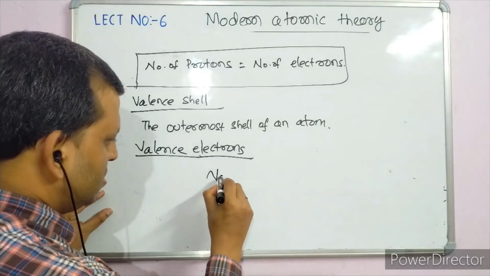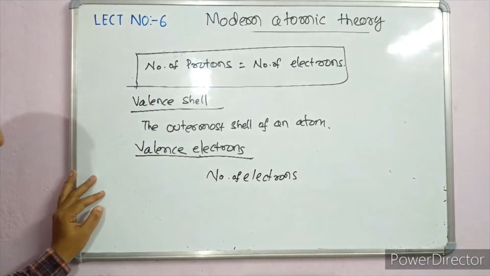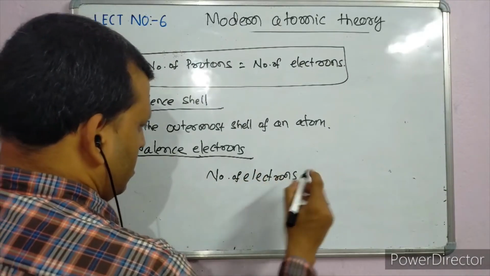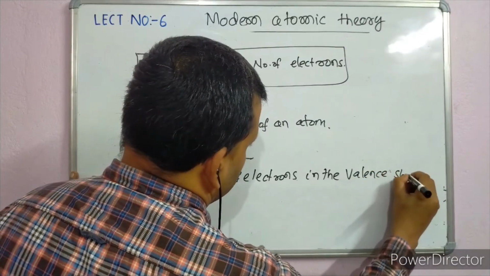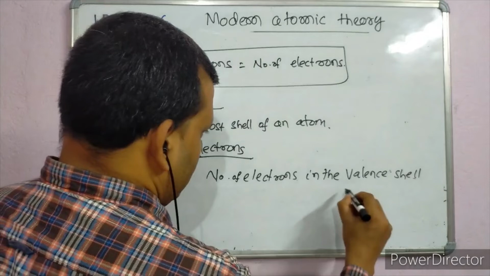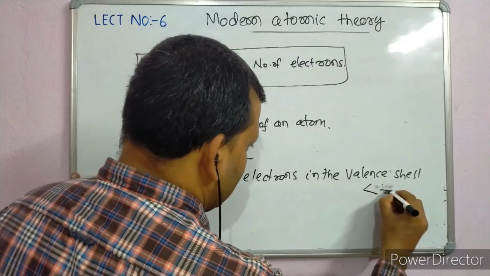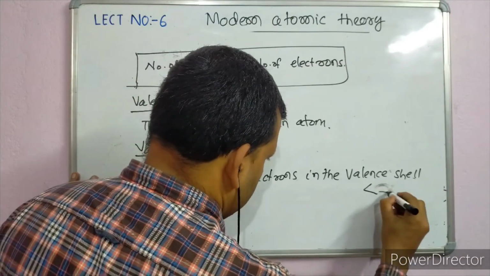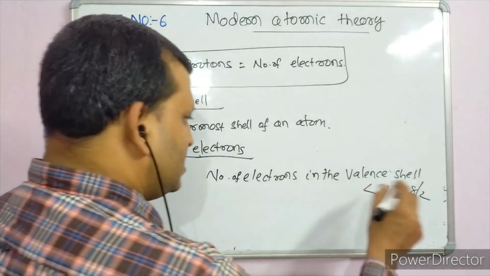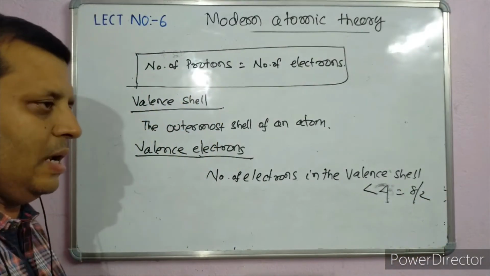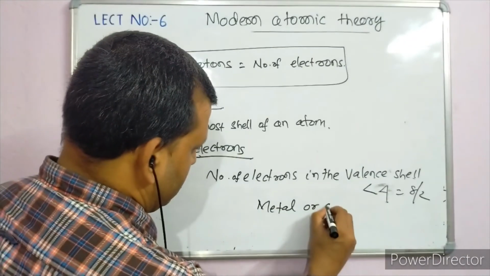If the number of electrons in the valence shell is less than 4, which is 8 by 2, the maximum number of electrons the valence shell can contain divided by 2, then that atom is either a metal or a conductor.